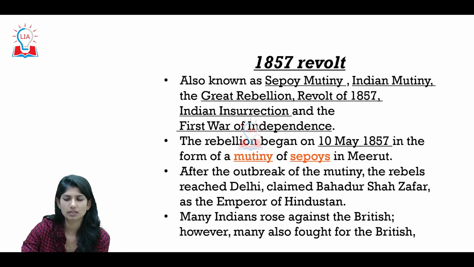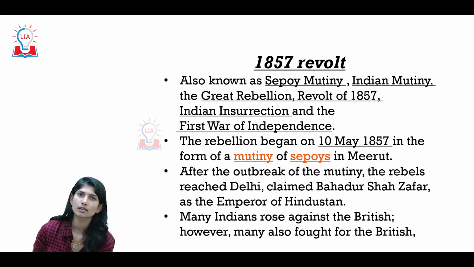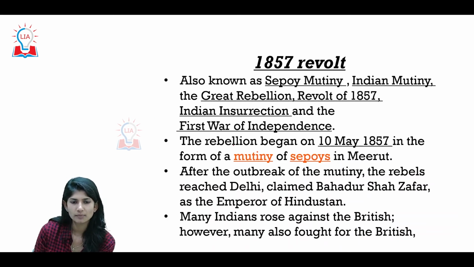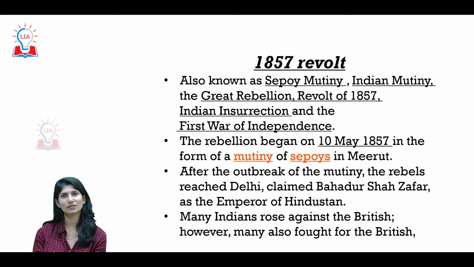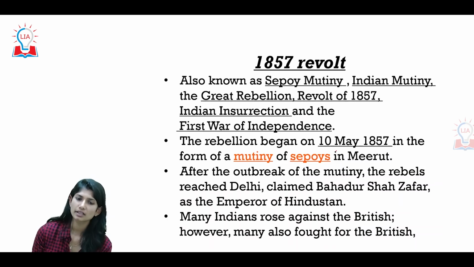1857 revolt. Somewhere in the 1750s we were. Now we have skipped a century later to a revolt, the 1857 revolt, 100 years later. We'll see how it pans out. Also known as the Sepoy Mutiny, Indian Mutiny, the Great Rebellion, Revolt of 1857, Indian Insurrection, and First War of Independence. All the names it is called. Now, the rebellion began on 10th May 1857 in the form of a mutiny of sepoys in Meerut.